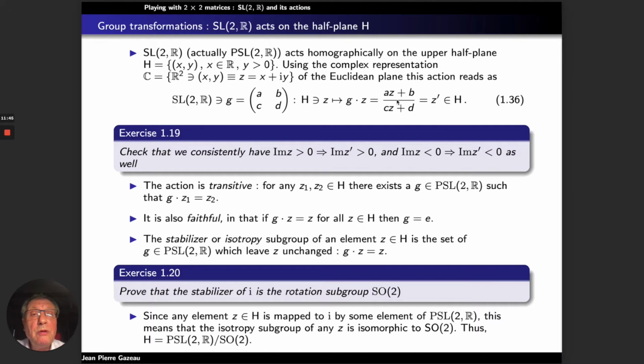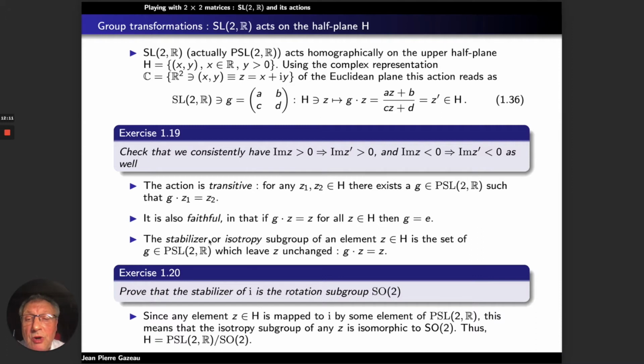So the action defined by this ratio is transitive. That means for any Z1, Z2 in the upper half plane, there exists an element G of the group PSL2R such that we can bring Z1 to Z2 through the action of G on Z1.